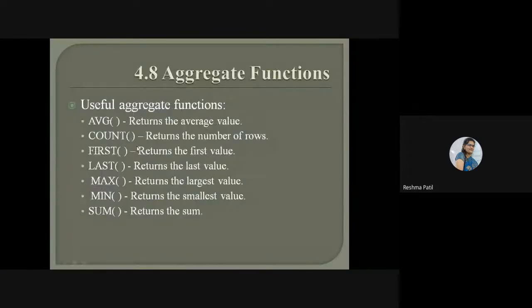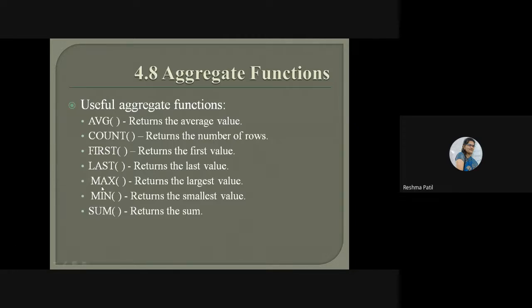These are the useful aggregate functions. First is AVG, which is used to return the average value. Then count, which returns the number of rows. First is used to return the first value. If there are 10 records, what is the first record? The first value, the first column value, will be returned. Last returns the last value, the last record's column value.